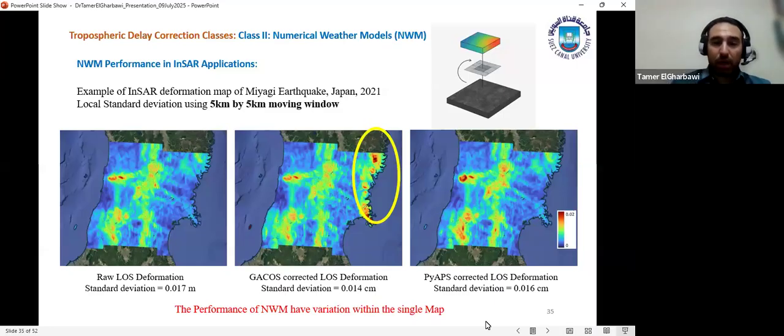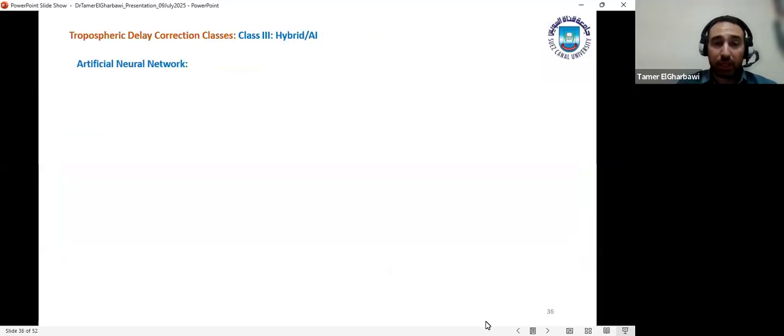So although when evaluating the whole image, GACOS reduces the atmospheric delay and improves the quality of the InSAR image as a whole, in this highlighted region it actually becomes worse. So the performance of the numerical weather model can vary within a single map. This is another problem that we need to carefully study in our work.